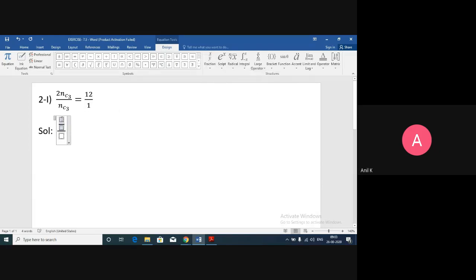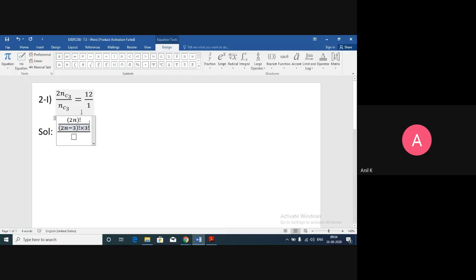So if I expand according to the formula, here you will get 2n factorial upon 2n minus 3 factorial into 3 factorial. Everyone agree with this formula?